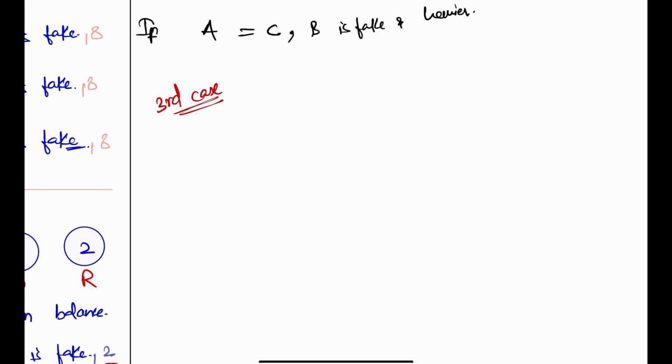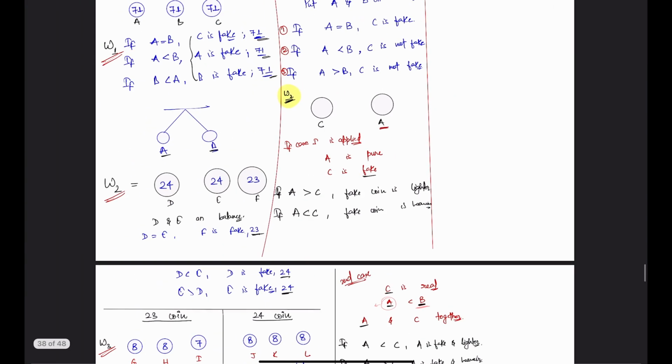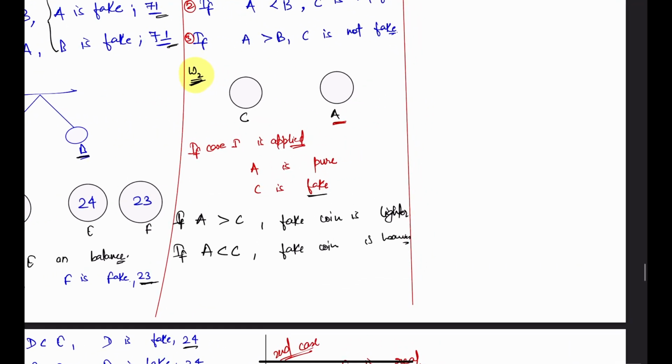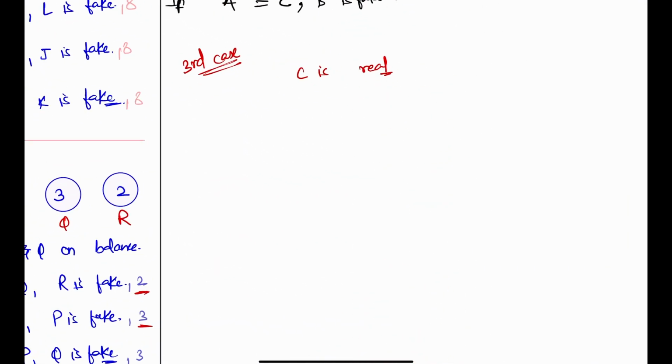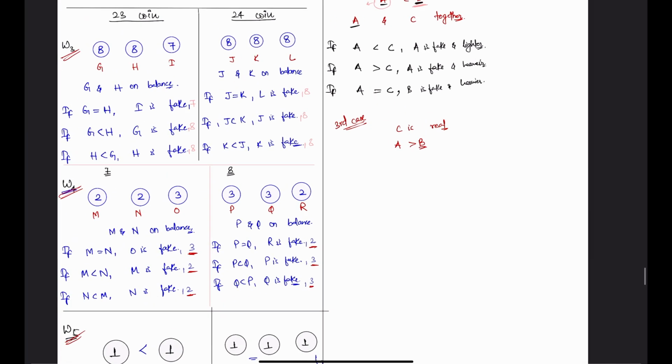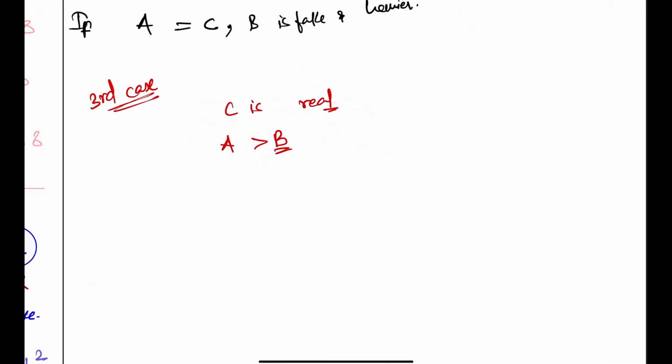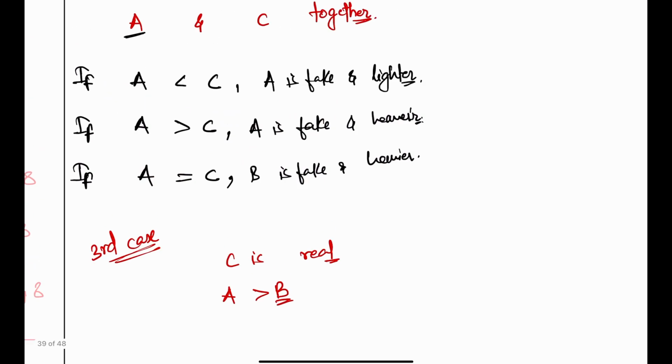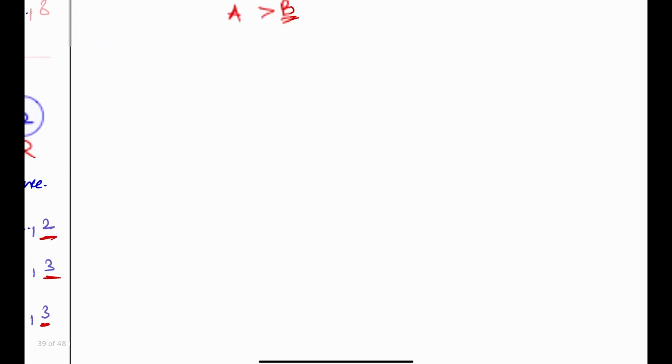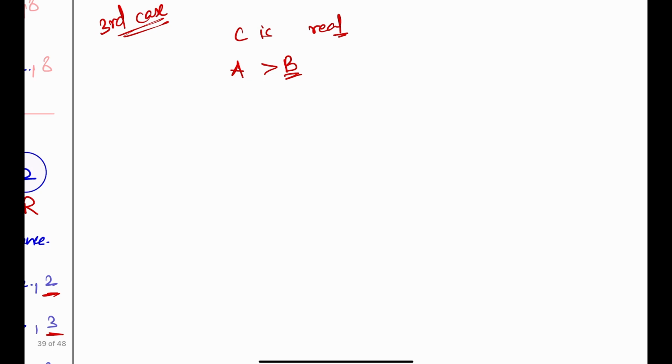In the third case, let's write: C is real and A is greater than B. This is what happened, which means any of the above could be fake. So we will again do the same thing which we did earlier.